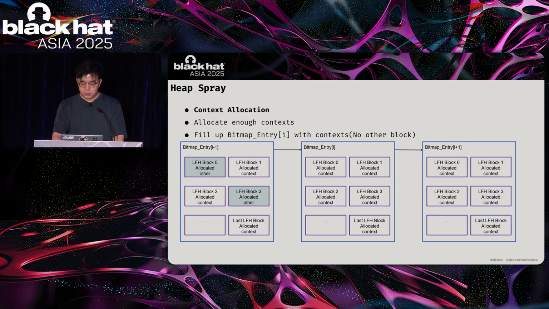Here is a concise summary of our heap spray process. We begin by allocating enough connection context blocks so that the earlier context blocks fill up a bitmap entry that also contains blocks with other data. The later context blocks exclusively fill another bitmap entry.